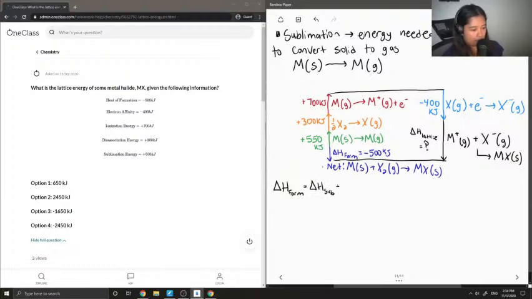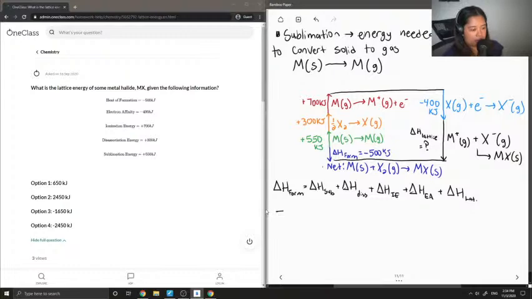So again, delta H of formation is equal to delta H sublimation, dissociation, ionization energy, which can occur in more than one step. Same with electron affinity, it can occur in multiple steps. And finally, lattice energy.